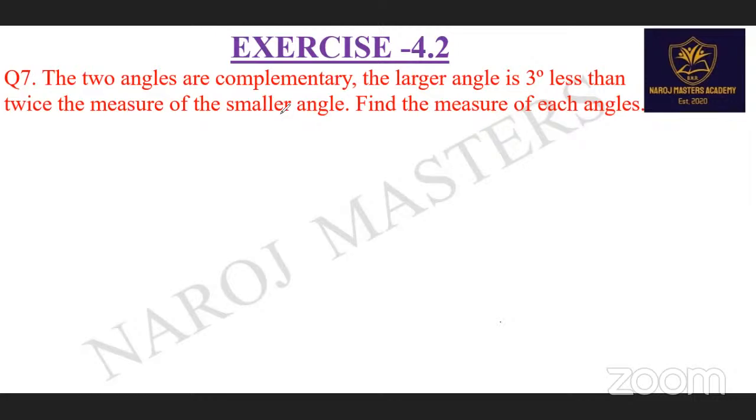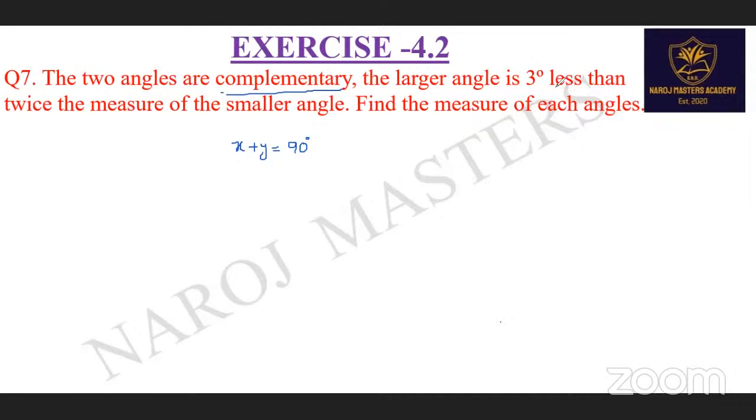First of all, make a simple equation, that is the sum of the two angles. Larger angle plus smaller angle: x is the larger angle and the smaller angle is y. We know the sum of angles is equal to 90 degrees, since complementary angles sum to 90 degrees.